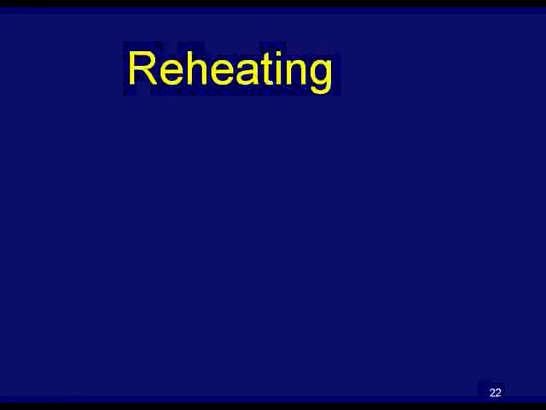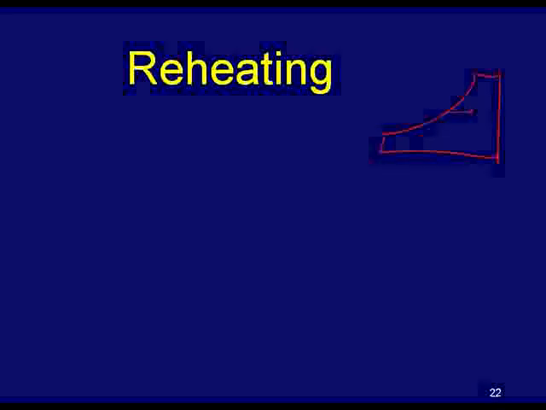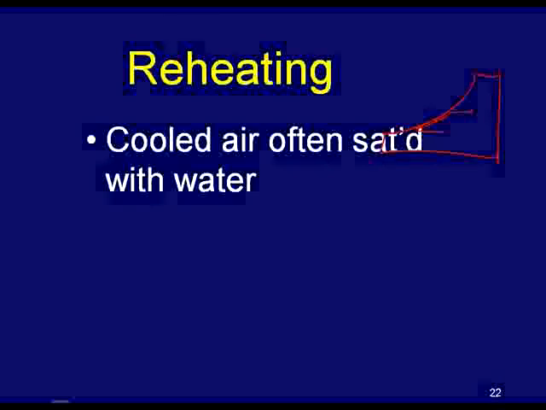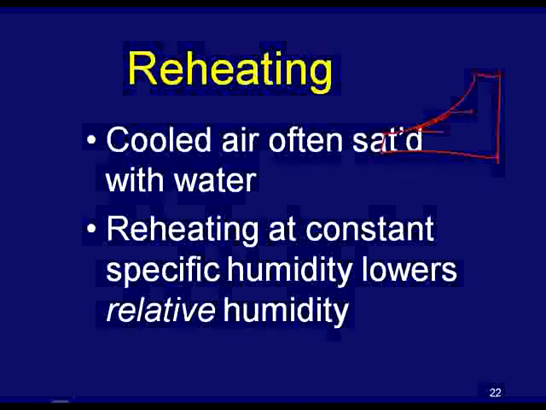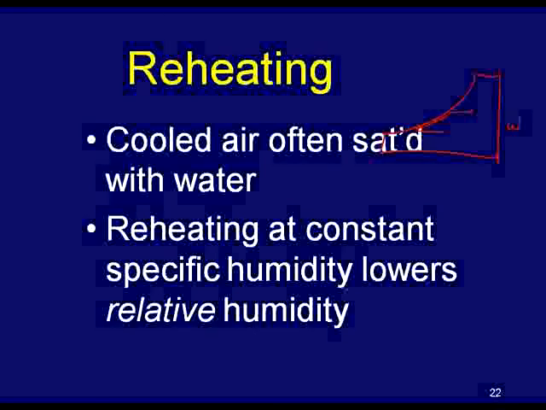We looked at reheating, and that's once you have this mixture cooled down along the saturated curve, but now it's very humid and you don't want to put it in your house too humid, so often you'll have systems that reheat the air again at constant specific humidity, which lowers the relative humidity from 100% here to maybe 60 or 50 or some more comfortable relative humidity.